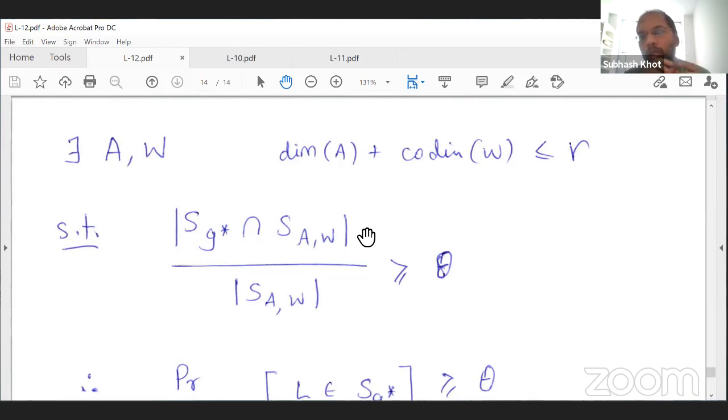So that's one module, and the second module is how to use this Grassmann linearity test to prove the correctness of the reduction from 3-lin to the 2-to-2 games.